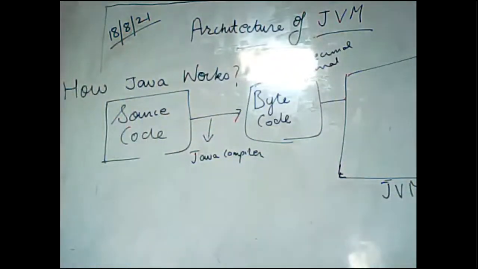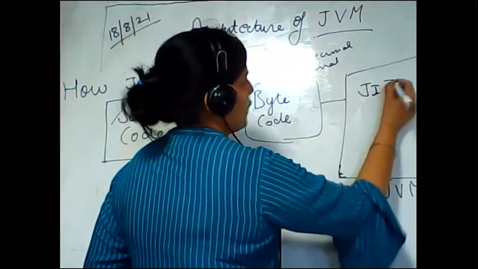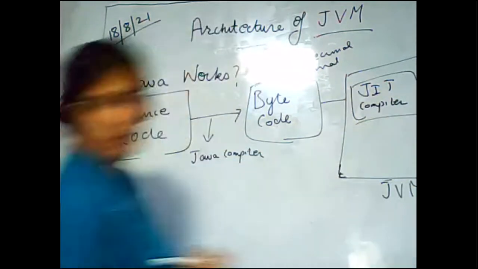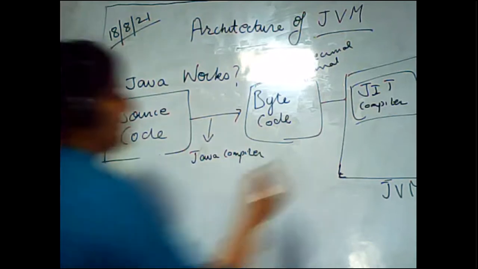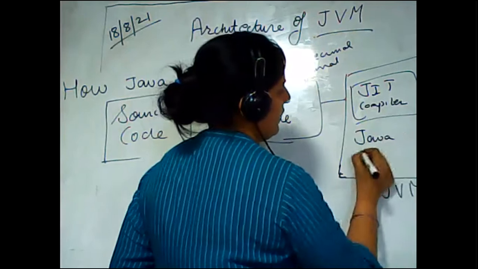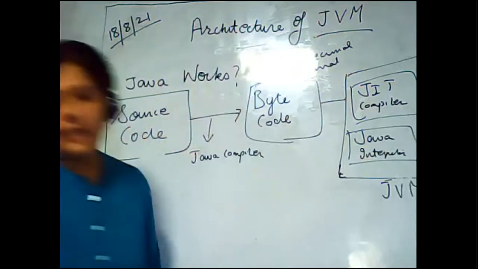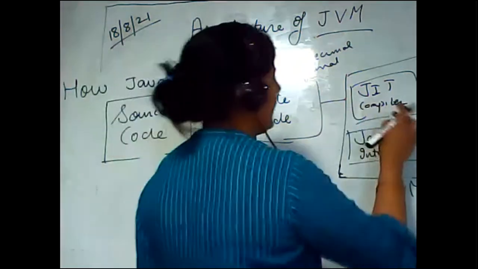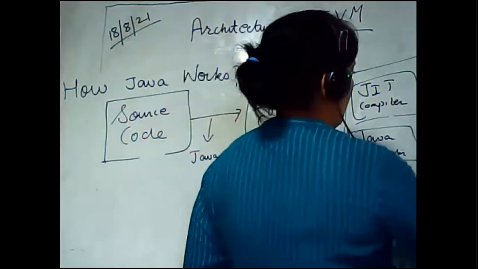Now, what is the purpose of this JVM part? It comprises two things. One is the JIT compiler, that is the just-in-time compiler. Next is the Java interpreter. All of this, the JIT and the Java interpreter, is part of the runtime system.